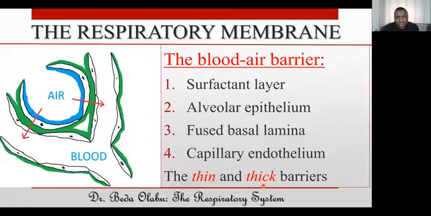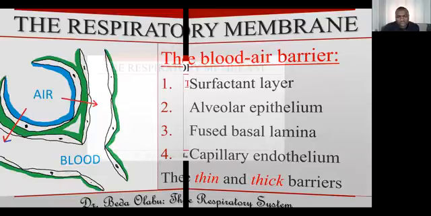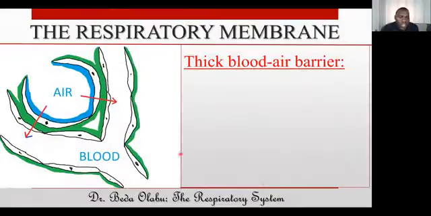What is the thick blood-air barrier and what is its role? We've seen the thin blood-air barrier. Now look at these zones here, regions where the basal lamina are not fused. The two basal lamina are not fused.